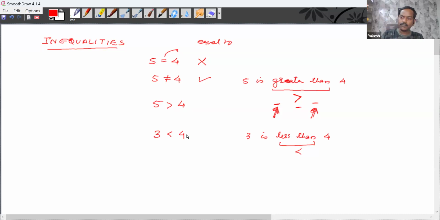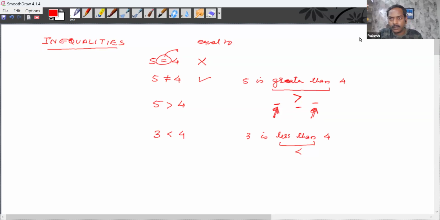So this is the world of inequality, wherein rather than using the equal to sign, we introduce the inequality signs, which are either greater than or less than. Of course, there are certain more variations, but these are the primary two signs which we use in inequalities. I hope you have understood the basic understanding about the sign and what the topic is for this particular video.